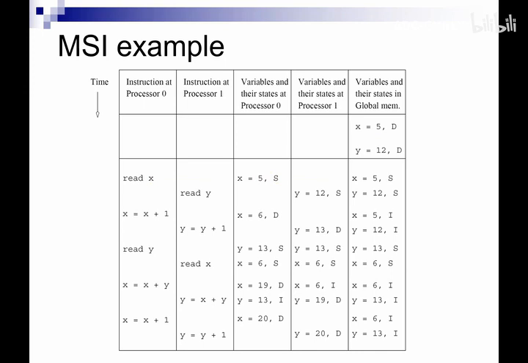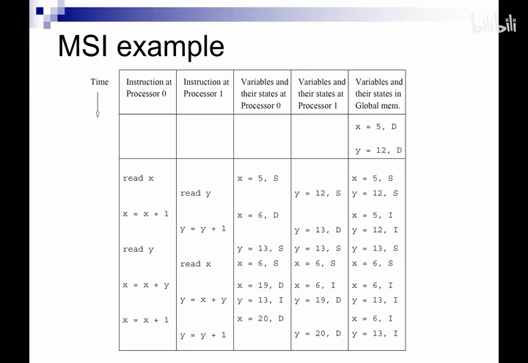Likewise, if processor 1 wants to read Y, it will get the value of 12 for Y, and the state of Y will become shared in both processor 1 and the main memory.